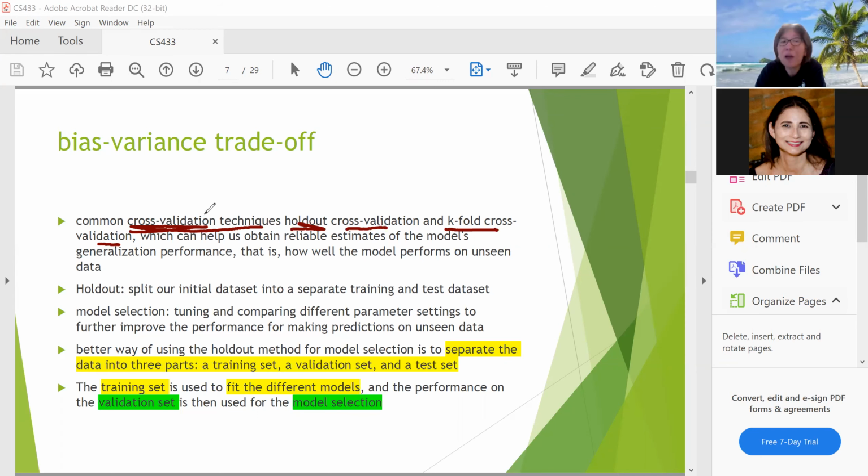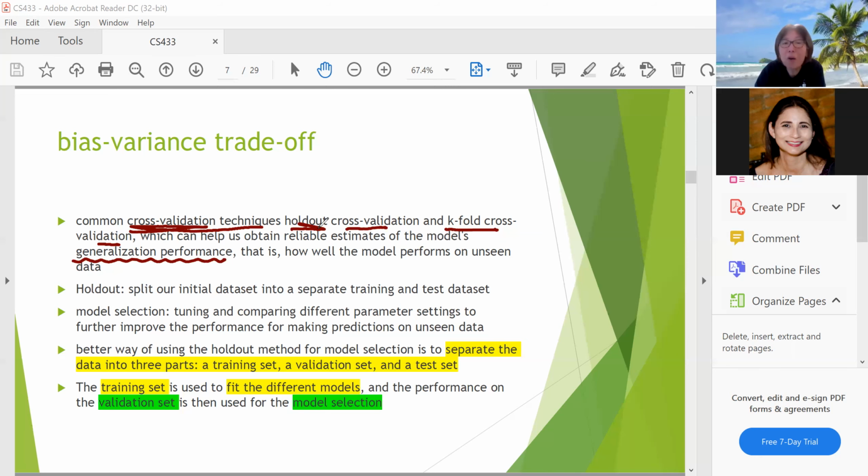Cross-validation is still on all of your original data set, but it can help us obtain reliable estimates of the model's generalization performance. Here generalization means not overfitting or underfitting, so how well the model performs.